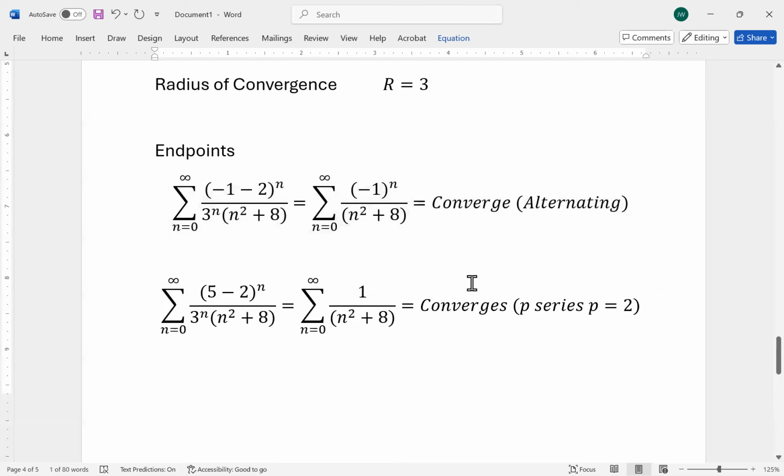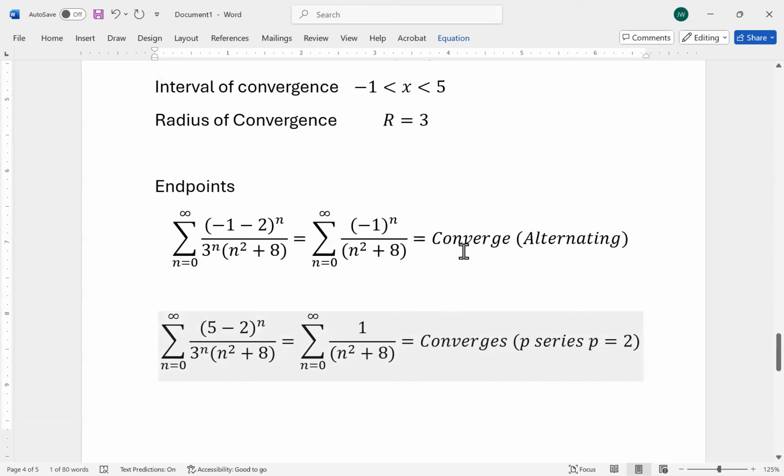So in this case, both endpoints led to convergence. In the previous case, one endpoint led to convergence, the other one led to divergence. And then obviously you could have an example where both diverged as well.